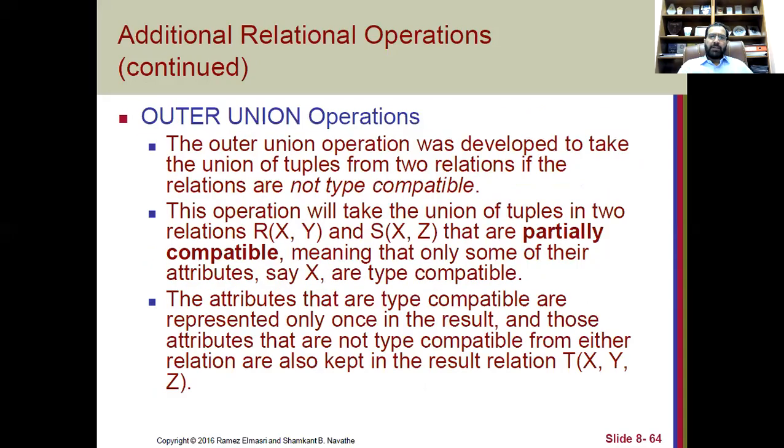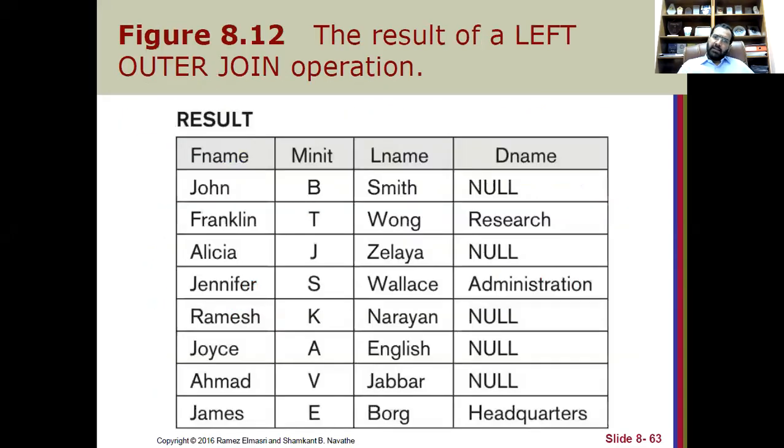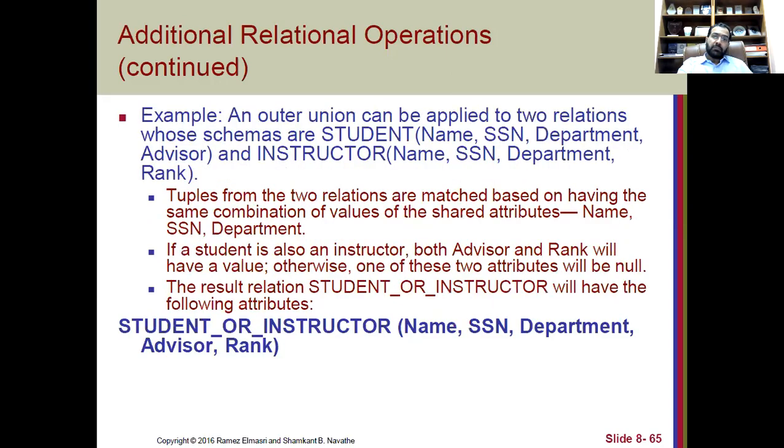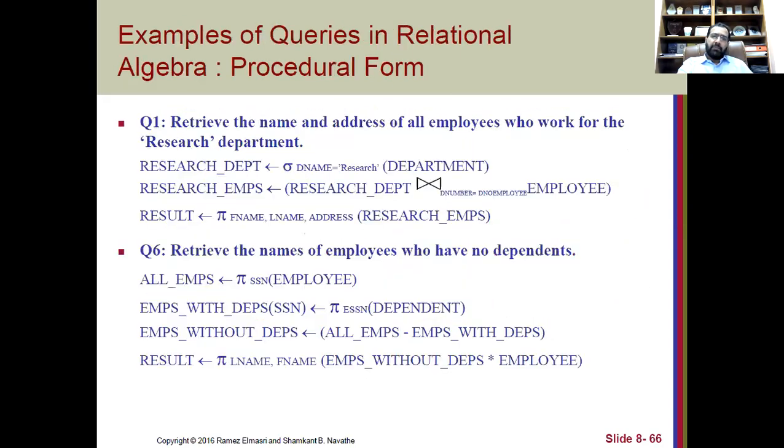Outer join operations can be used in various ways, and the outer join operation was developed to take the union of tuples from two relations if the relations are not type compatible. The operation will take the union of tuples in two relations R(X, Y) and S(X, Z) that are partially compatible, meaning that only some of their attributes, say X, are type compatible, not necessarily all. That is the condition we have with the outer join.